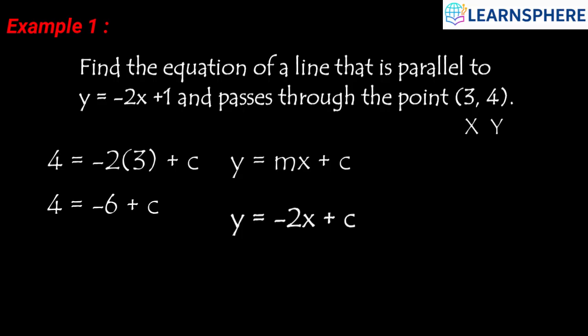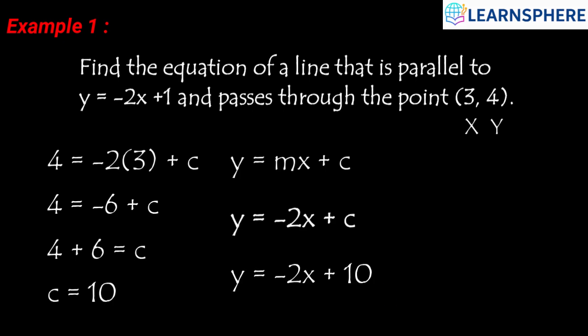We can then bring -6 over to the left-hand side, which gives us 4 + 6 = c, and therefore the value of c would be 10. We can then substitute back into the equation of a line, which is y = -2x + 10. And this is the answer for this question.